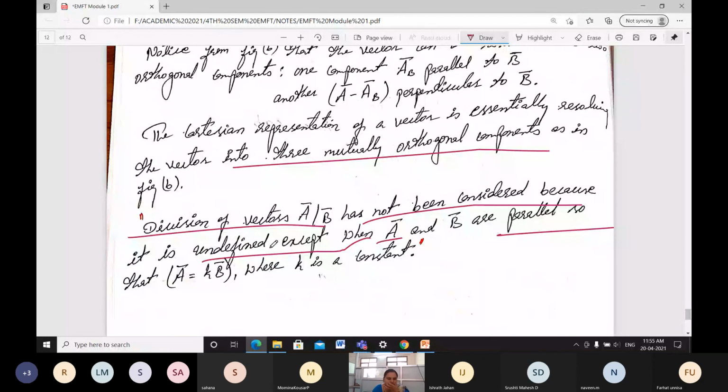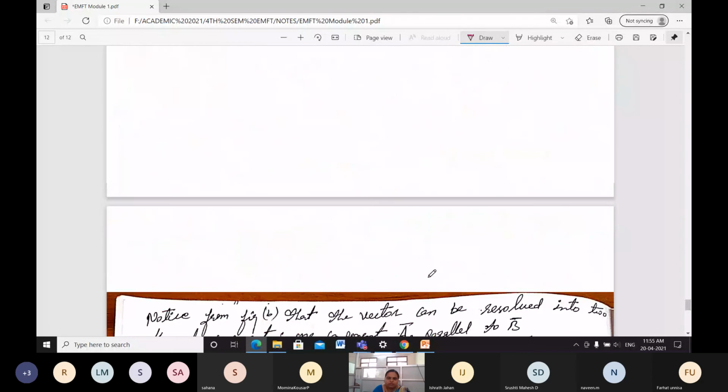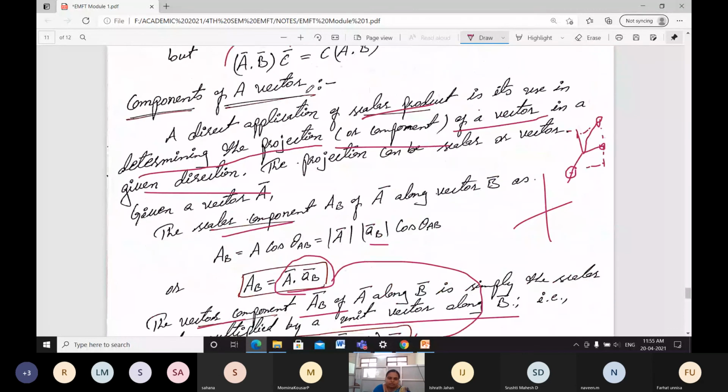We are not going to be using the division of any vectors. Addition and multiplication are very important. When I say parallel, vector A should equal k times vector B, where k is a constant. This is about the component of a vector.